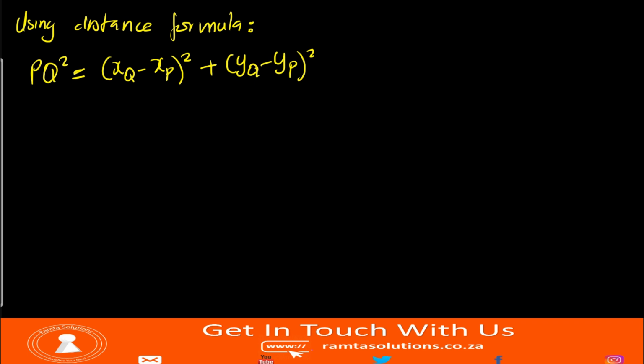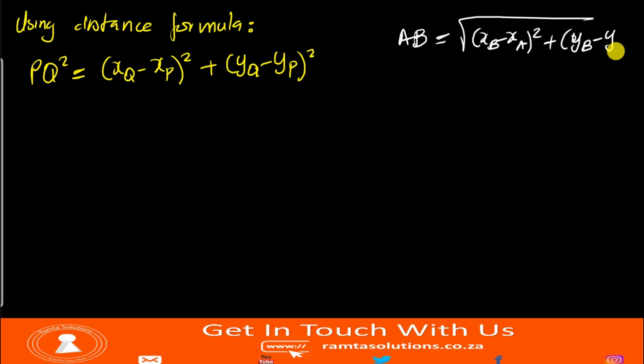The distance formula comes from this. If you recall, maybe you get confused here, your distance formula is AB equals the square root of x of b minus x of a all squared plus y of b minus y of a all squared.